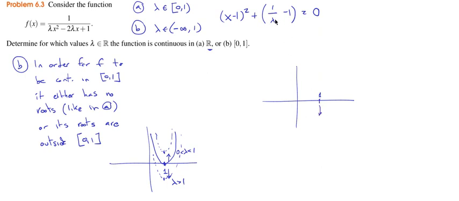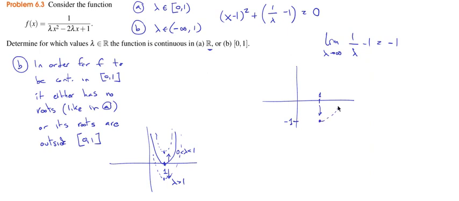Well, consider the limit of 1 over lambda minus 1 when lambda goes to plus infinity. This is lambda and not x. The limit when lambda goes to infinity of 1 over lambda is 0, so the limit of this is minus 1. So the lowest point that you can take the tip of the parabola is this.